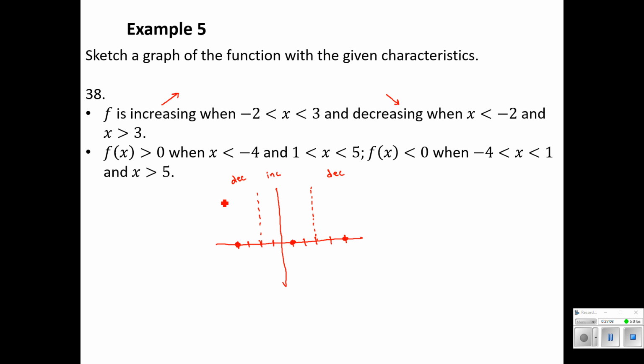So our function has to come down, decrease for a while, it's decreasing, it's decreasing, it's decreasing, then it hits that x equals -2, makes a bend and starts increasing, crosses again, it's still increasing, then it hits that x equals 3, and begins to decrease from there.